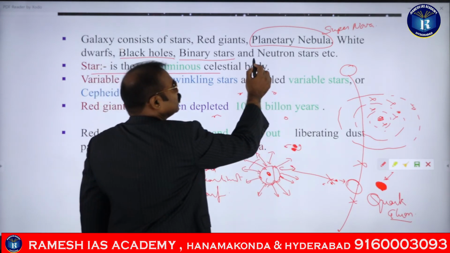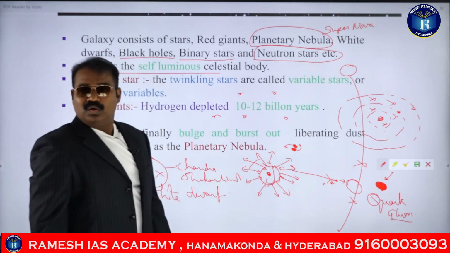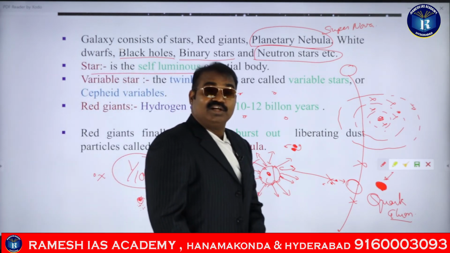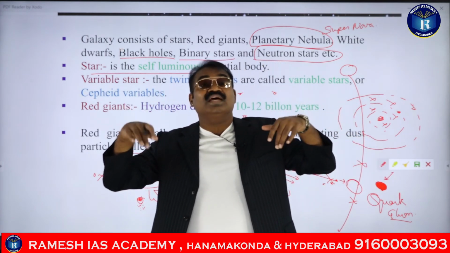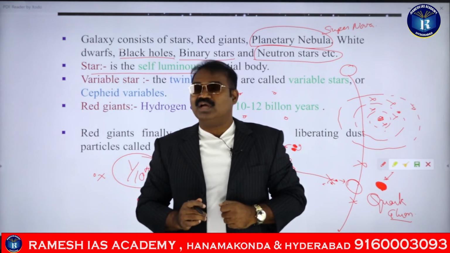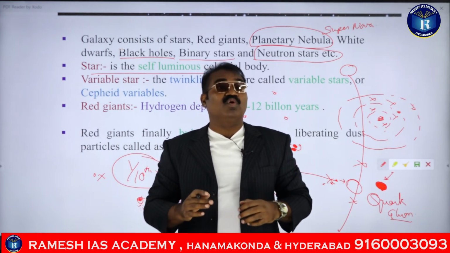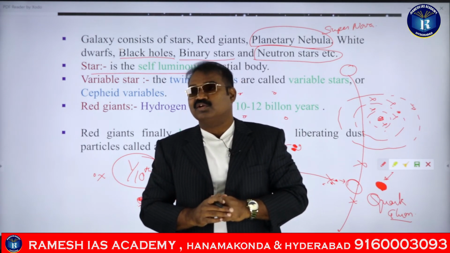Then come the neutron stars. Previously they said that neutron stars are the stars which have more than 5 solar masses, guys. The stars of more than 5 solar masses should be called neutron stars.